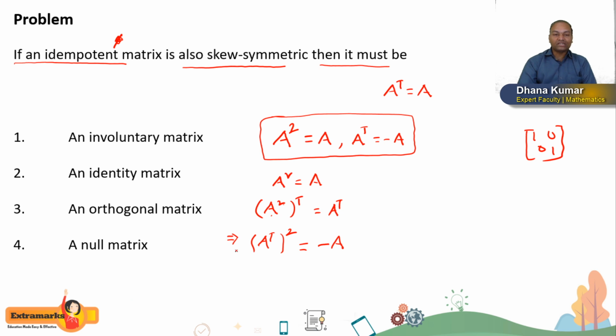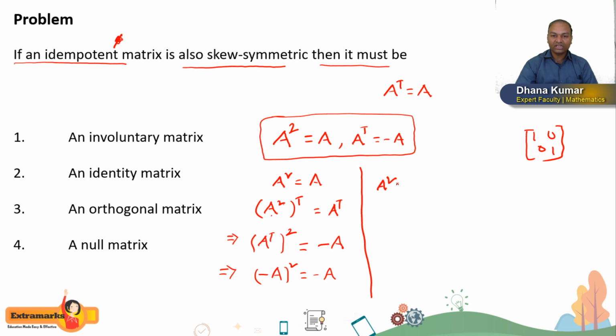Understood? A transpose is equal to minus A, so minus A whole square is equal to... minus A whole square is equal to A square. Is it correct or not? Right.